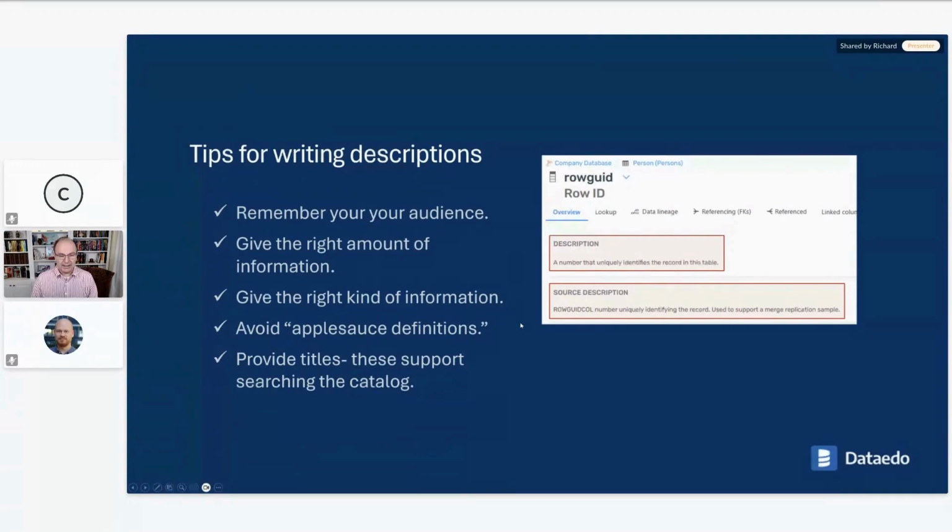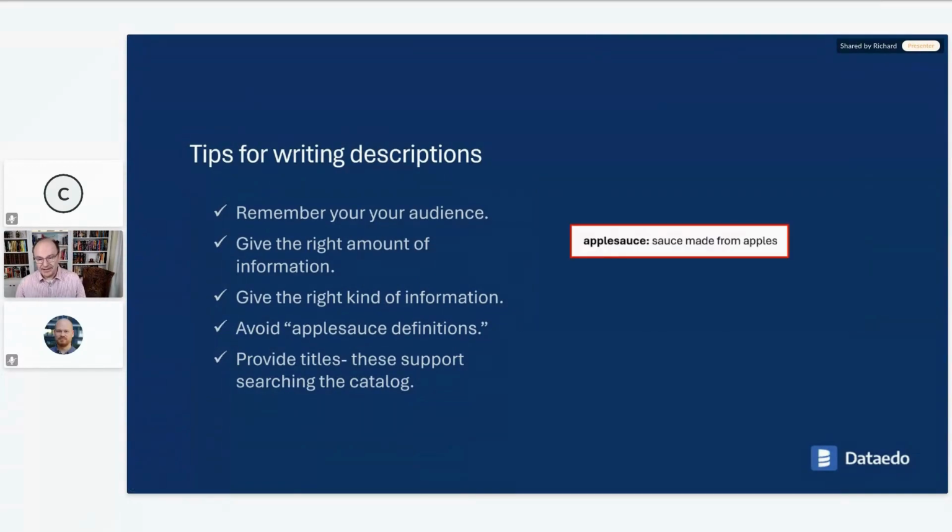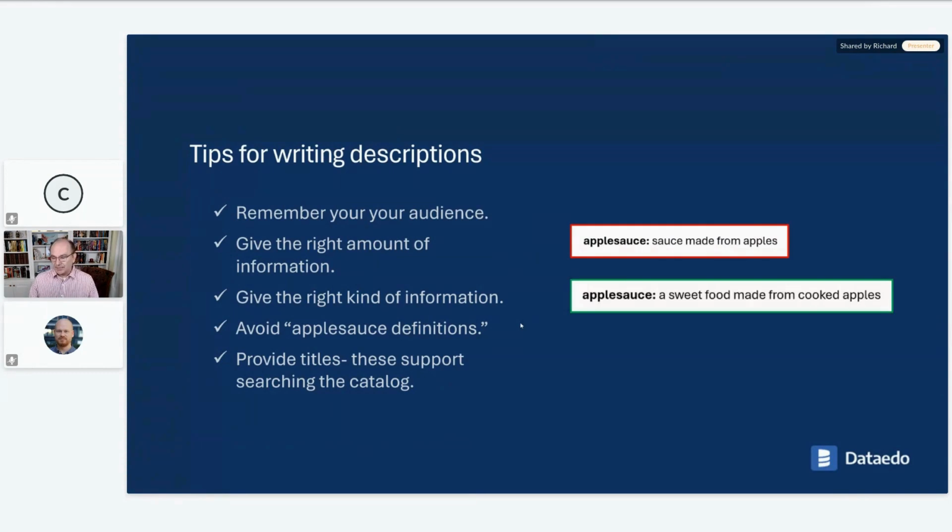Now, a caution here, and that is avoid applesauce definitions. And by that, I mean definitions where you simply restate the term. In other words, applesauce is sauce made from apples. Okay, great, but that doesn't tell us anything about applesauce. We already know that from the term. So we want to have information useful for the audience. In that case, a better choice here would be applesauce is a sweet food made from cooked apples.